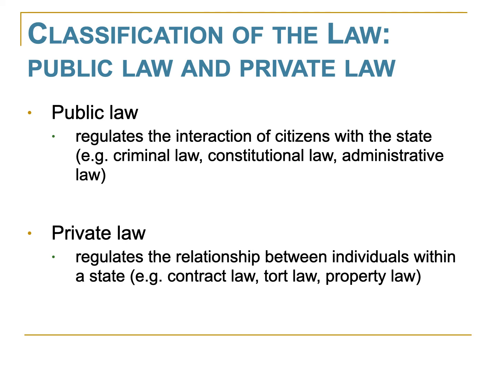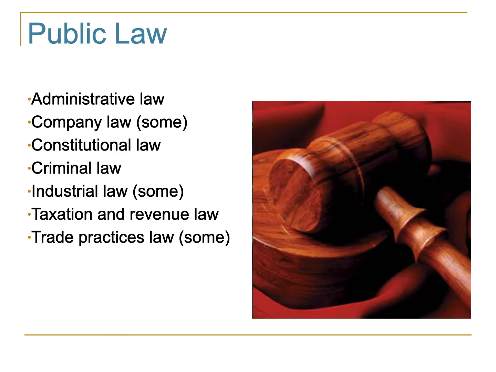Now, continuing on with public law, you have administrative law, company law, constitutional law, criminal law, industrial law in some cases, tax law like the CRA or revenue, and trade laws. Parliament makes laws and the executive carries them out. Government administers this through, say, Parliament.